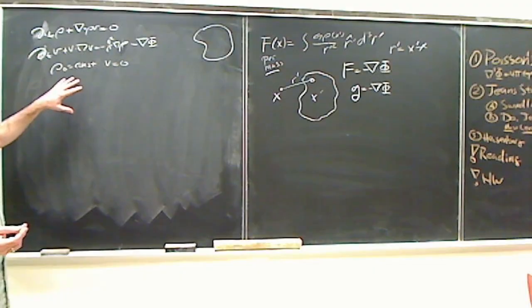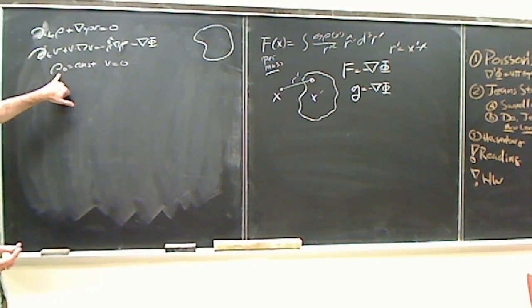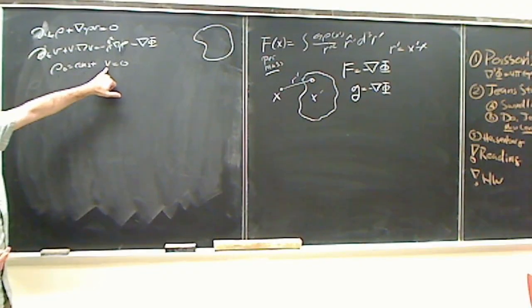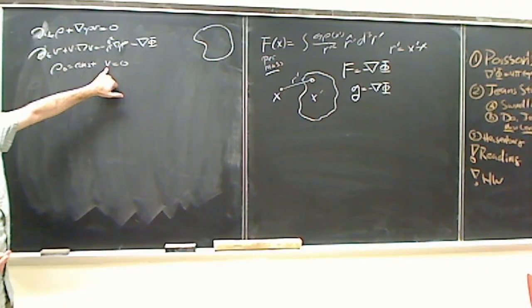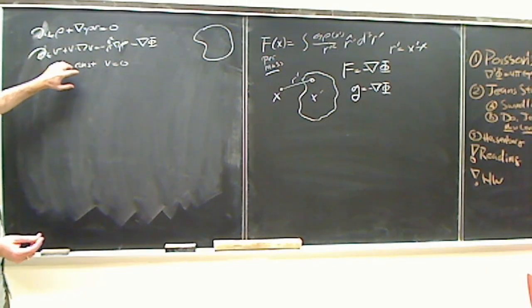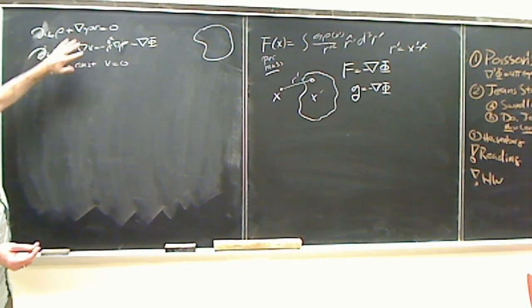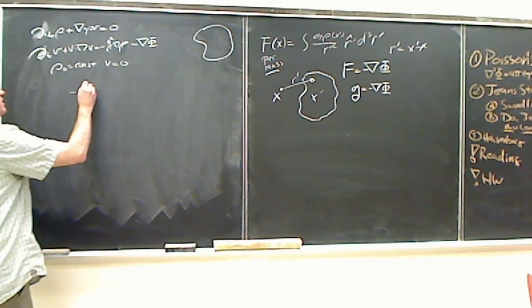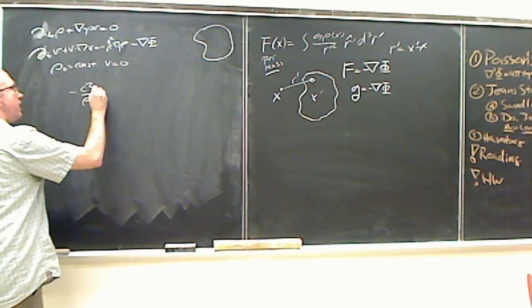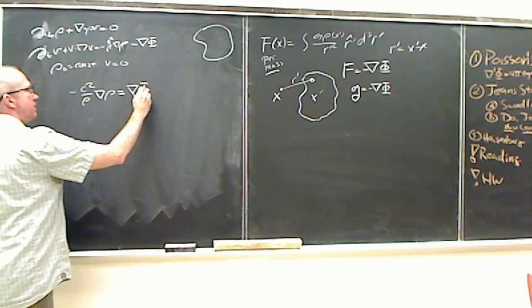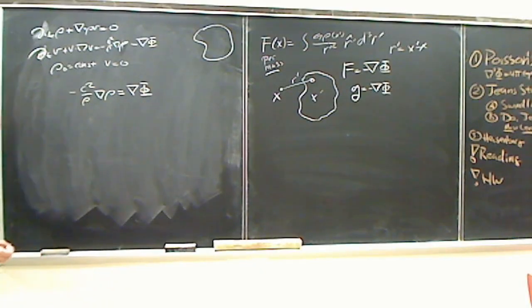So if density is a constant and the initial velocity is 0, then let's just look at Euler's equation. The left-hand side becomes 0, and I'm left with minus c squared over rho, grad rho, equals grad phi.